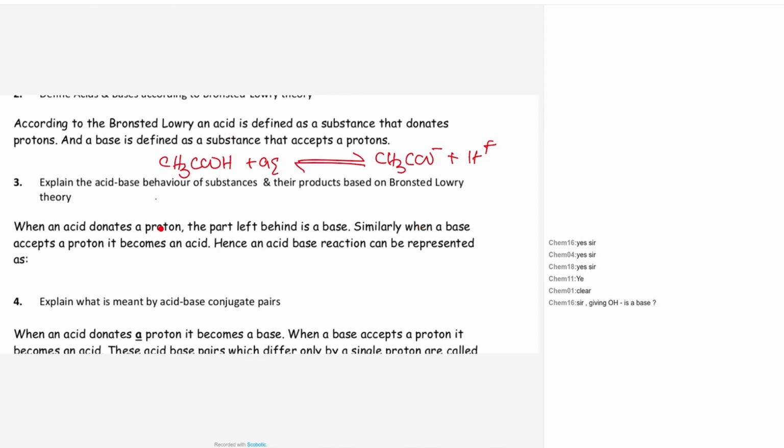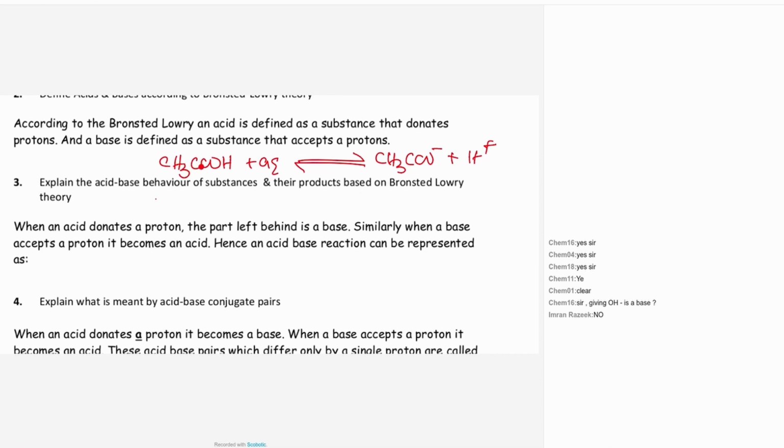So now you can notice when an acid loses a proton, the left behind part is a base, because this base can accept H+ and form the acid again, right?